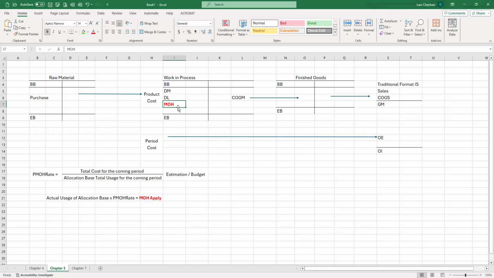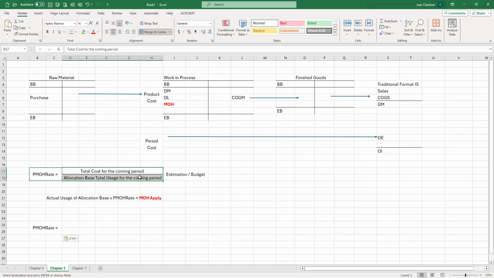Make sense? So if we apply the traditional system, we can easily calculate how much every student has to pay as a predetermined manufacturing overhead rate, which is related to the rent, correct? We can easily calculate that. How is it going to be? Our calculation will be super simple.